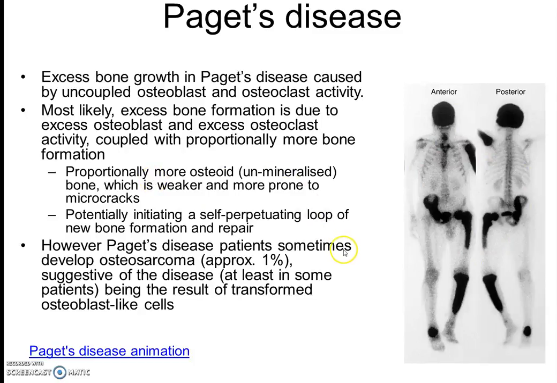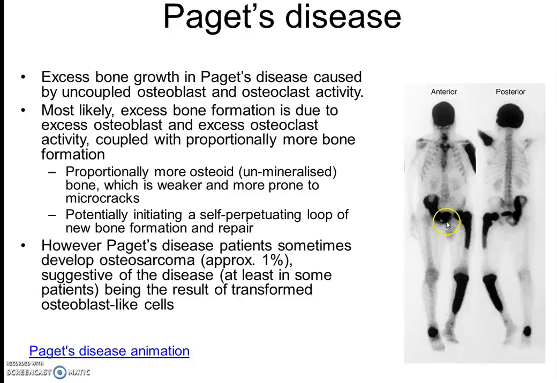We know this is caused by uncoupled osteoblast and osteoclast activity. We think it's most likely due to excessive bone formation, with the osteoblasts being unable to regulate their growth. There's some strong evidence for this in that Paget's disease patients sometimes go on to develop osteosarcoma, which is a malignant tumour of osteoblasts.